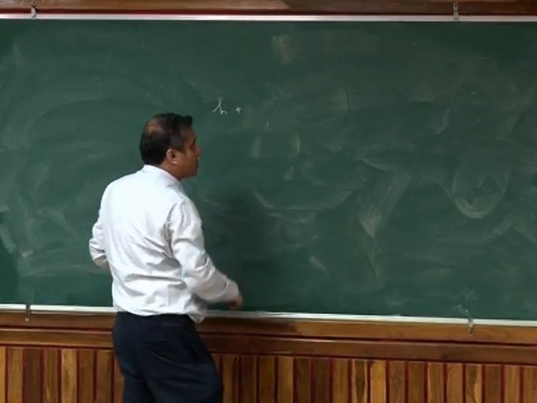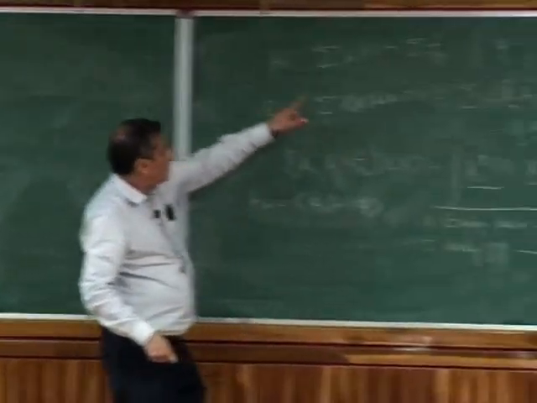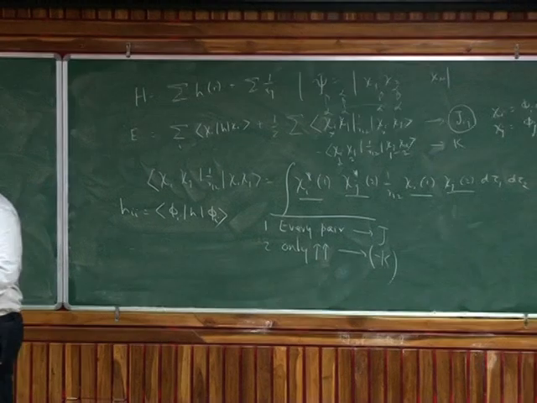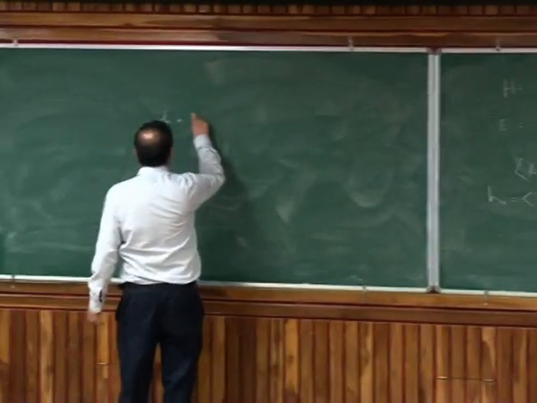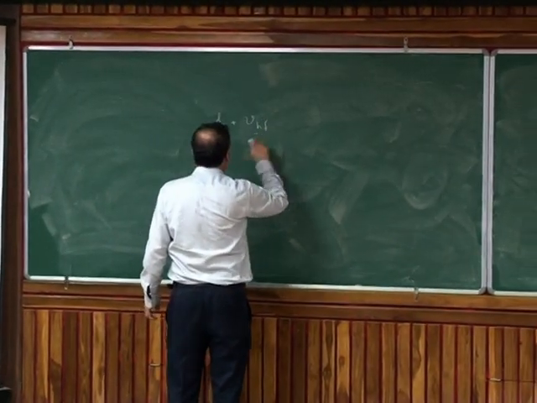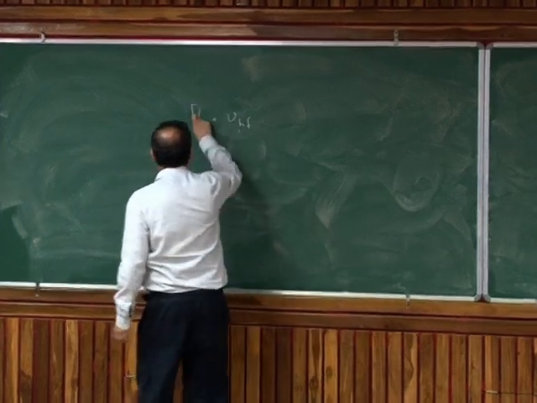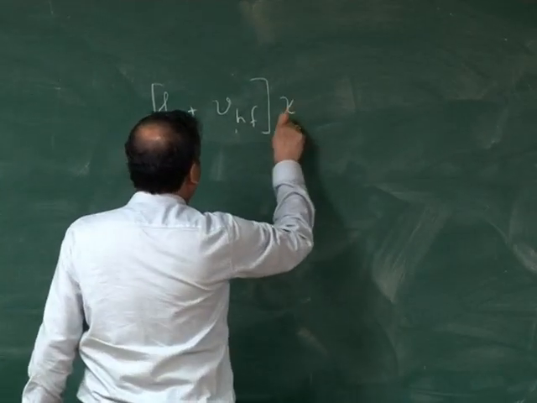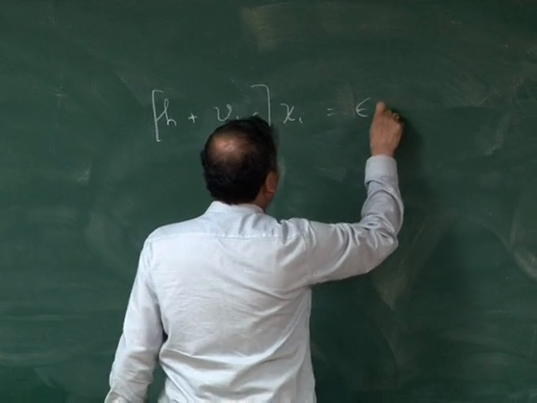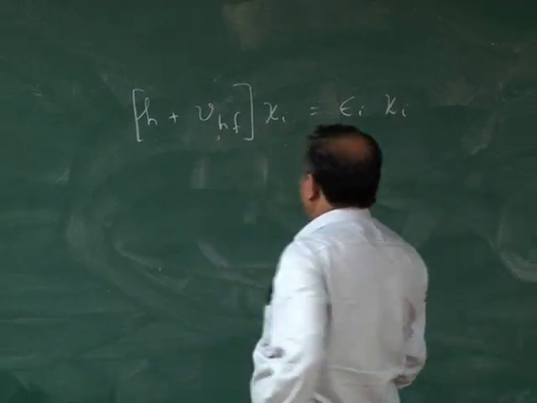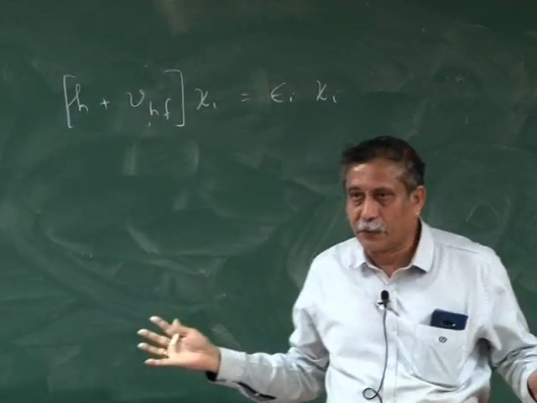So you have H from here plus one effective potential, which let me call V Hartree-Fock, an effective potential, chi equals epsilon I chi. So you can see this is a one particle equation.